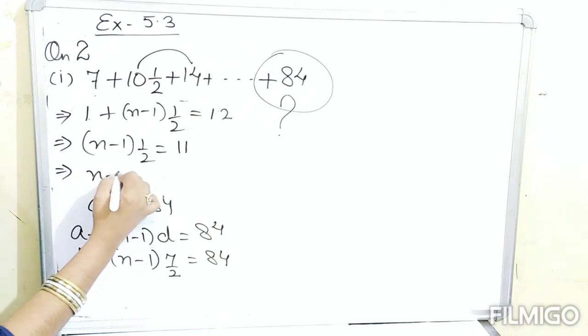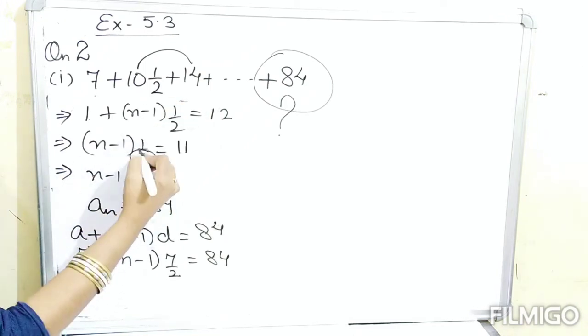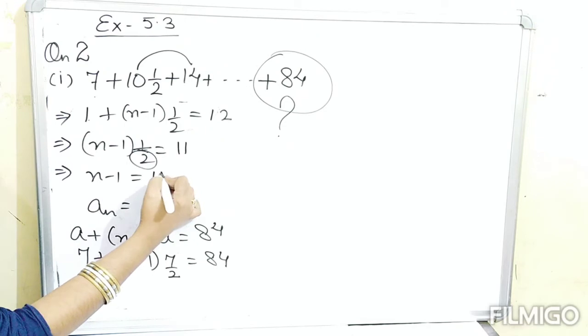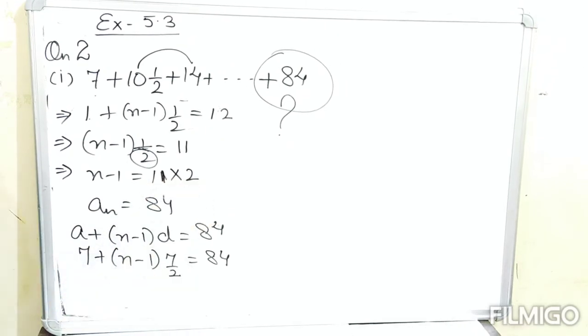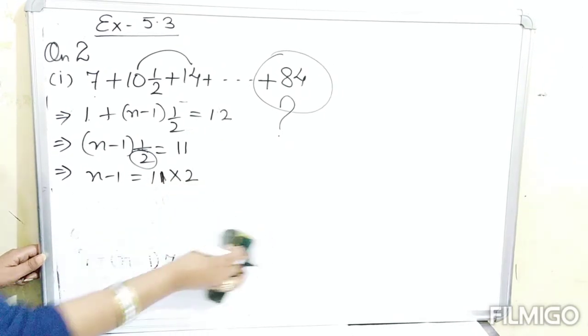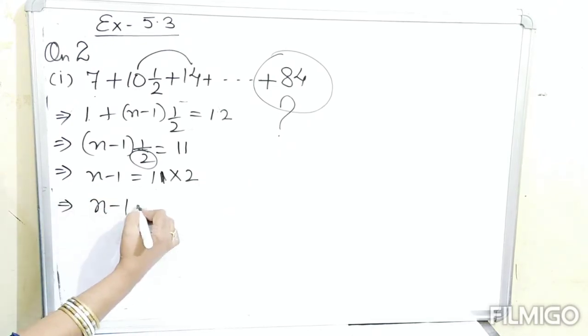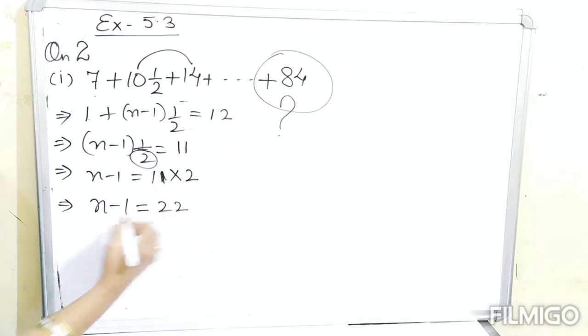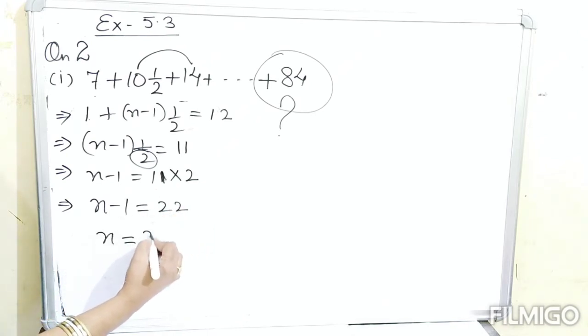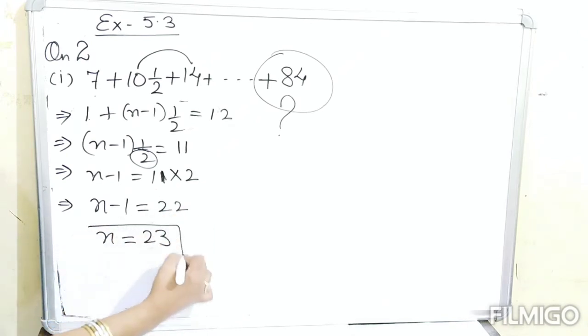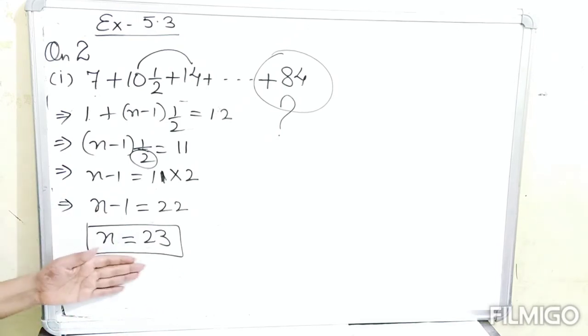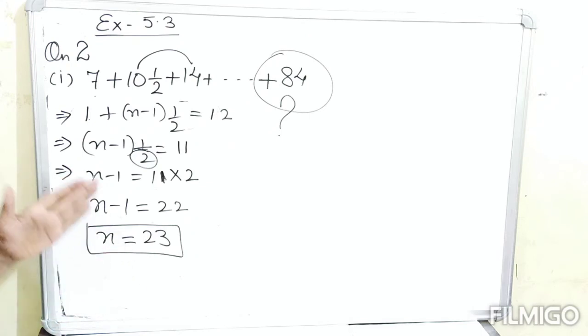This implies n minus 1, the 2 goes to the other side, so it will be 11 into 2. Now n minus 1 equals 22 and n is equal to 23. That means you have to find the sum up to the 23rd term.